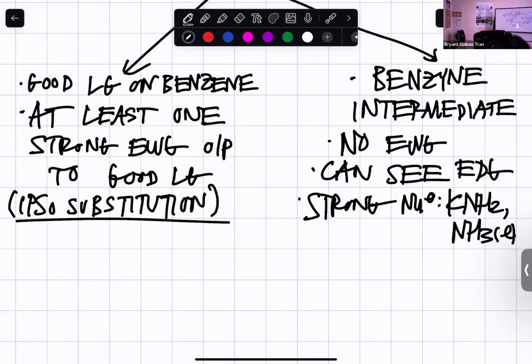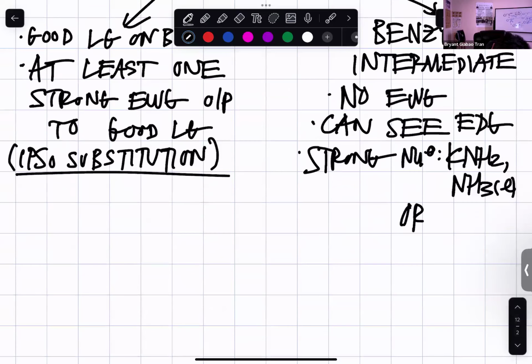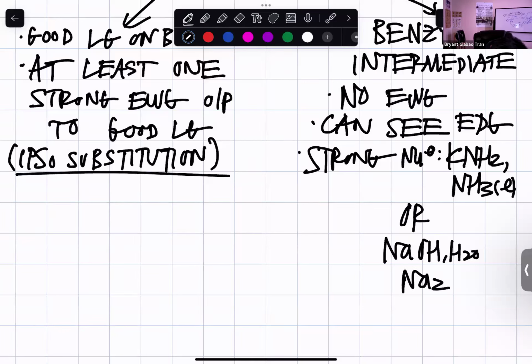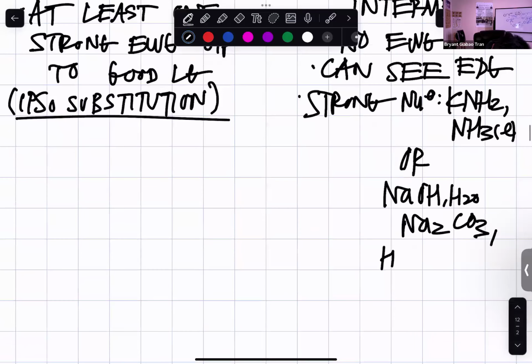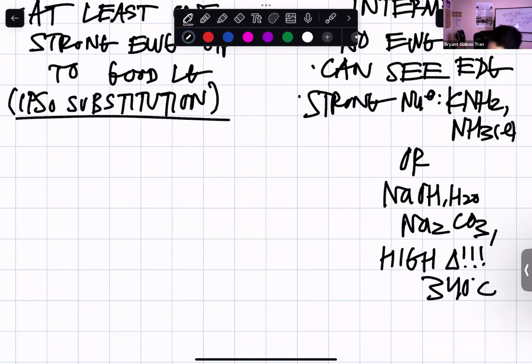We see that benzene, or NaOH, water, bicarbonate or carbonate Na2CO3 with high heat. Right, high heat is needed here. I think 340 degrees Celsius or something. Very high heat. Extreme conditions.